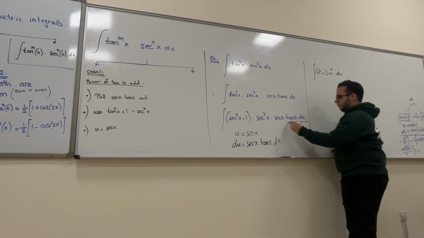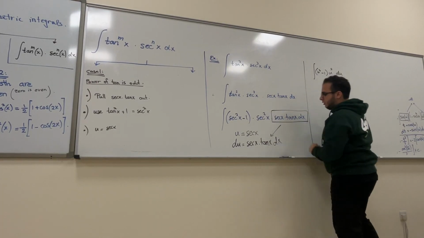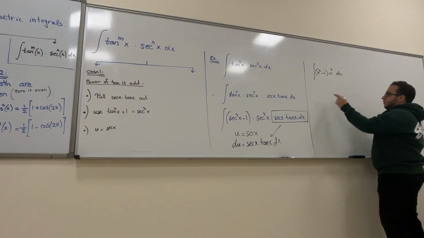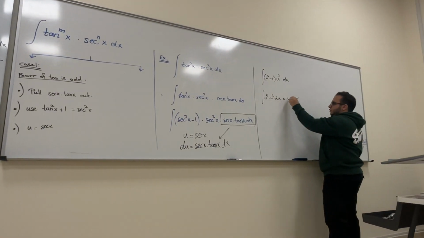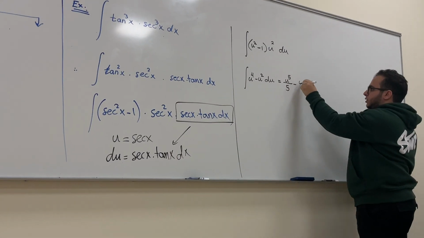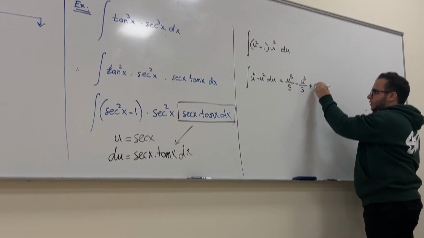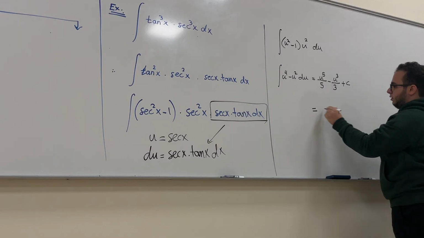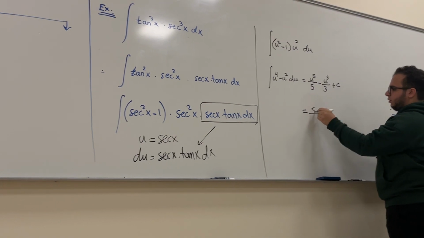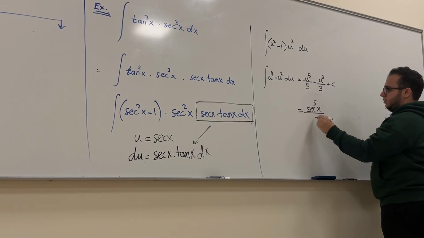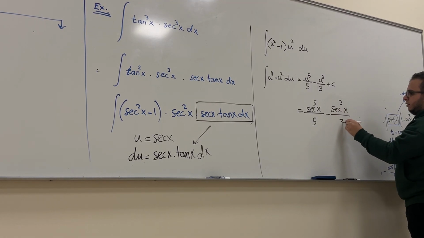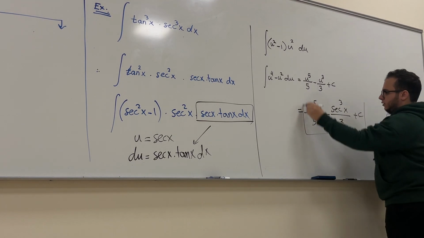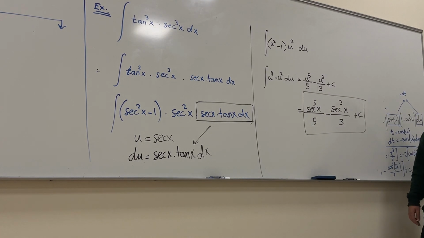Yes, this is du. Exactly. Alright, so you have u to the power 4 minus u squared du, which is u^5 over 5 minus u cubed over 3 plus c, and then what's u? Secant. That's the answer. Any questions here?